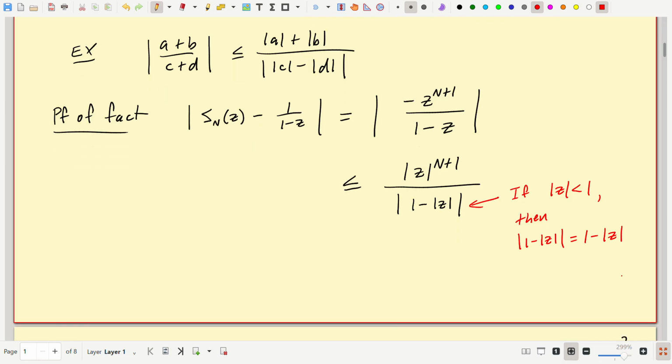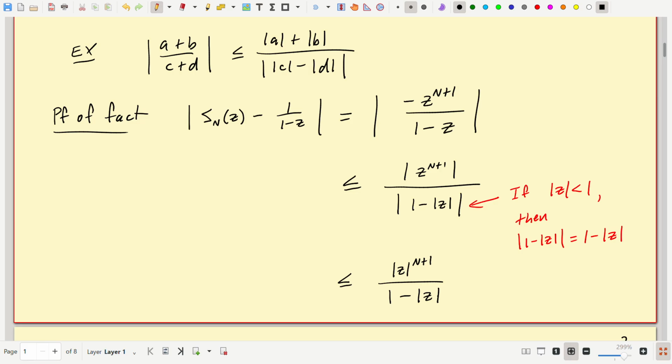And so I have that this thing right here is less than or equal to, since I'm doing steps here, I'll put z to the n plus 1 modulus on the top. And here I would get, and that's equal to the modulus of z to the n plus 1 over 1 minus mod z.